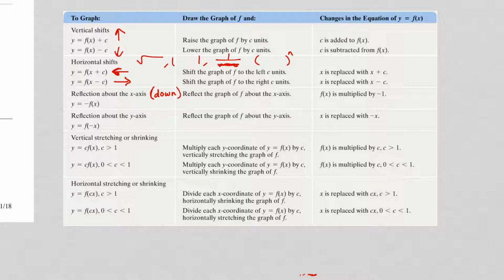If you happen to move the function before you reflect it, then don't reflect it around the x-axis, but just reflect it down.